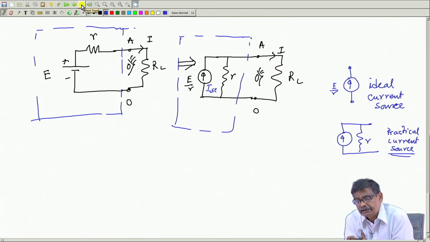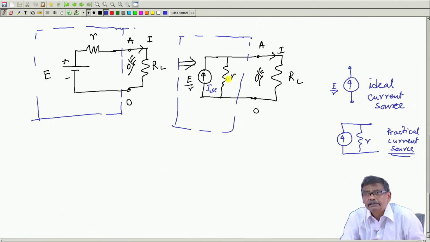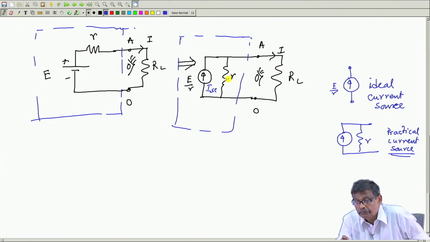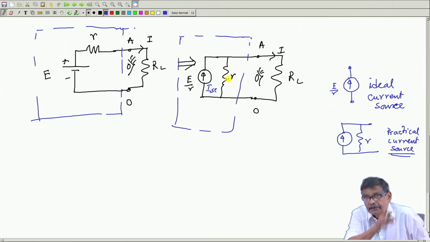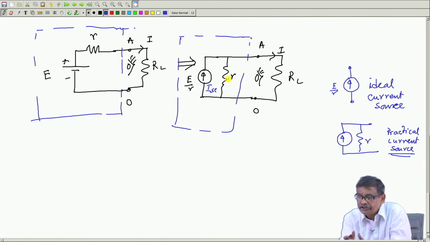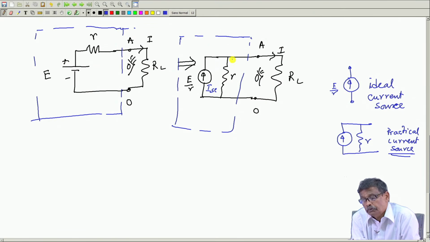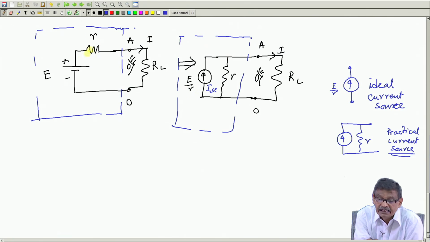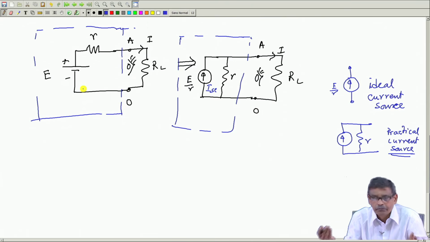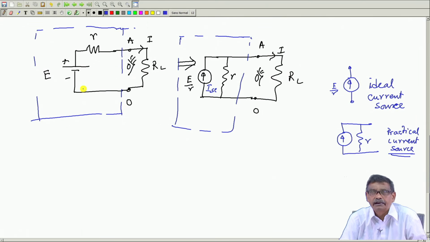I can interpret it in parallel with a small R resistance, and these are the two terminals AO of that battery. And to the external world, to the right side of this blue line, whether you consider this to be present or this E and R in series to be present, it does not make a difference. That is what I am trying to tell.